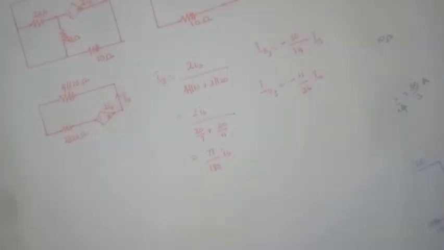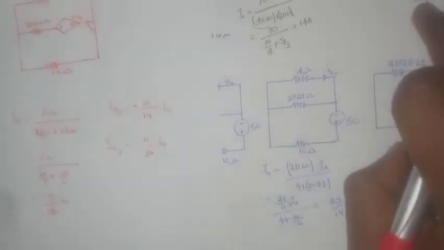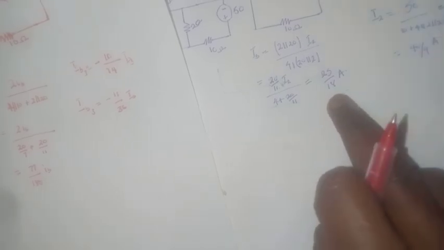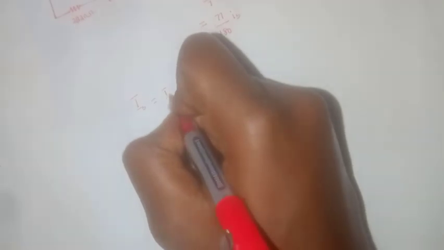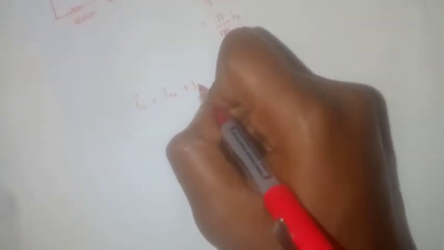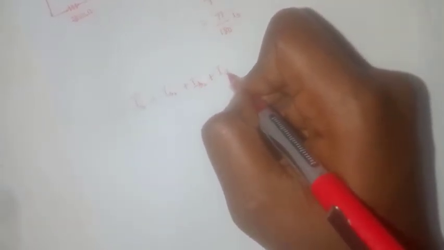We can then go back to the rules of superposition theorem and sum up IB1, IB2, and IB3. So we know that IB equals IB1 plus IB2 plus IB3.